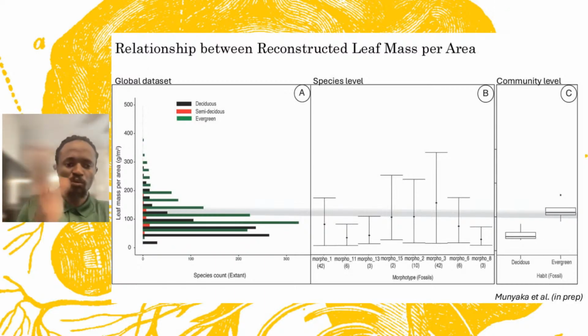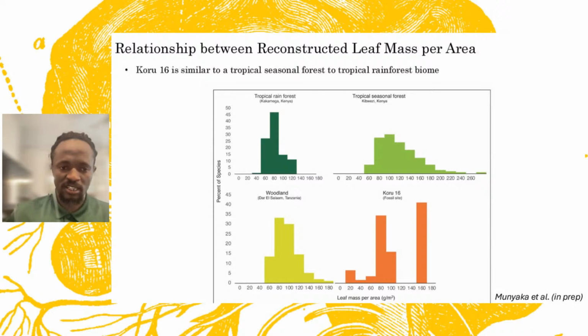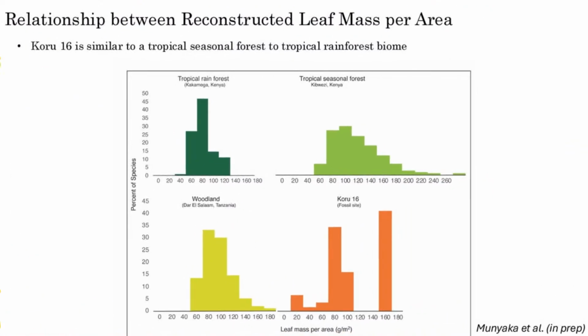And since there's so much coming from these leaves, we can plot that on different modern distributions, such as shown in this figure, where we have tropical rainforest shown as the Kakamega forest, a modern forest, and a tropical seasonal forest such as the one in Kibwezi, and a woodland such as that in Dar es Salaam, and then compare it to the distribution of Koru 16.